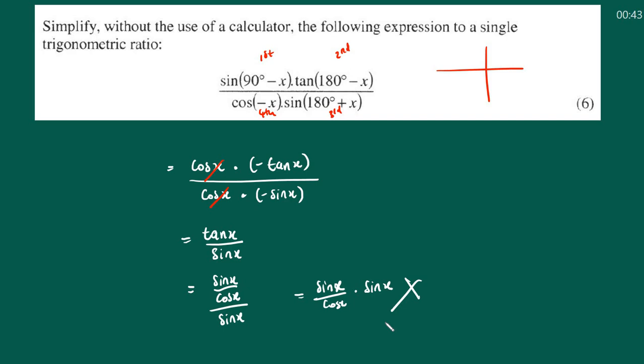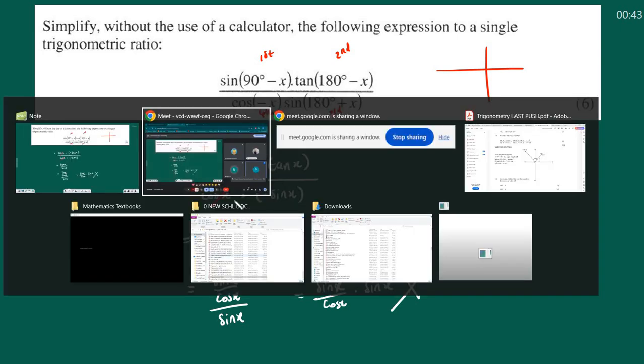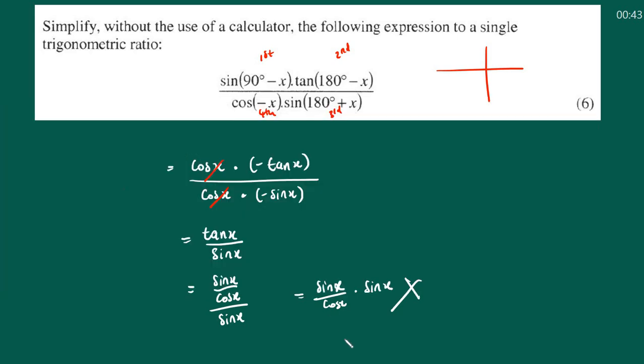Can someone tell me why this is wrong? I think it's because sine x is sine x over 1. So when we multiply, we have to say 1 over sine x.